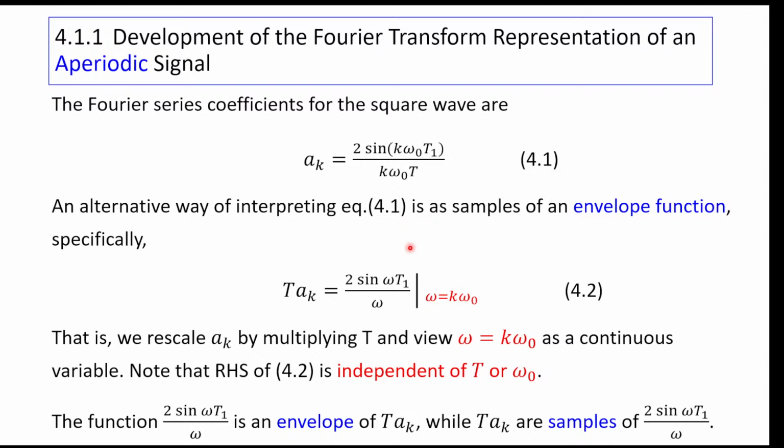Here we are just rewriting a_k, but we see that a_k has a very particular form of dependence on k, because all the k is attached to this omega naught.